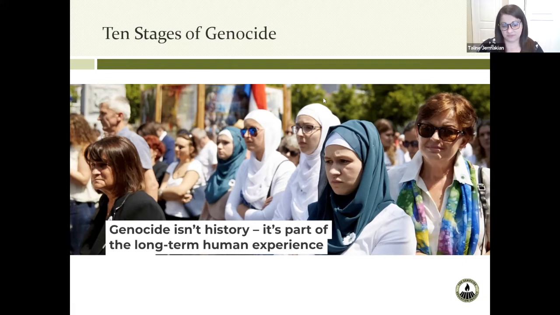Okay, so 10 stages of genocide. We move on to how genocide just doesn't occur overnight. It is a process that happens over a period of time. The genocide of the Armenian people, even though it's considered the bulk of it in 1915, actually started occurring for almost a decade or two before, with some of the Hamidian massacres and all of those events that led to it.